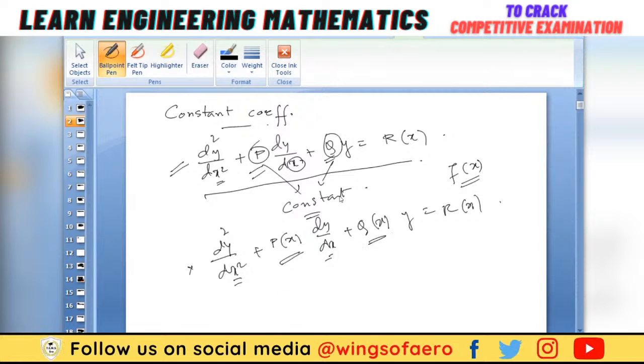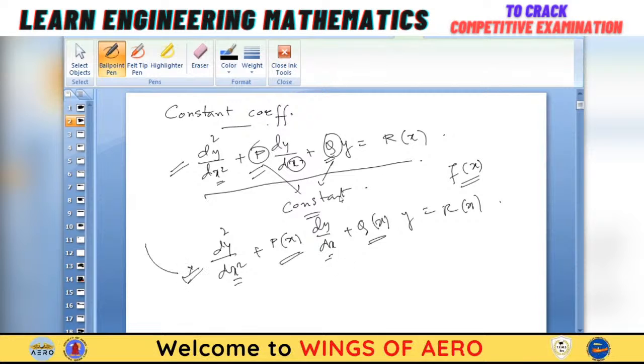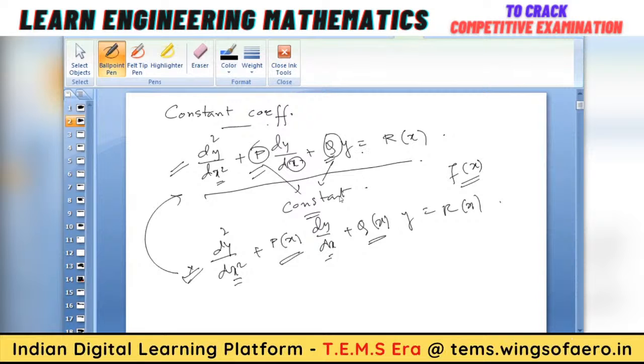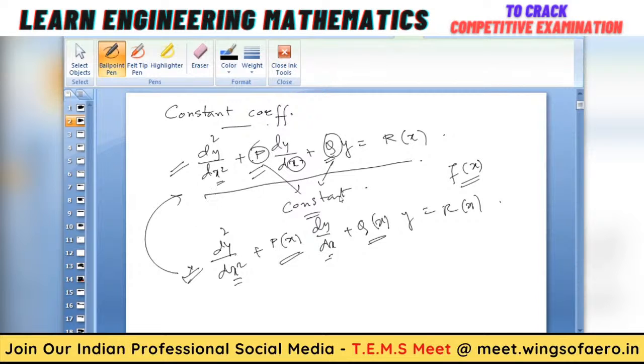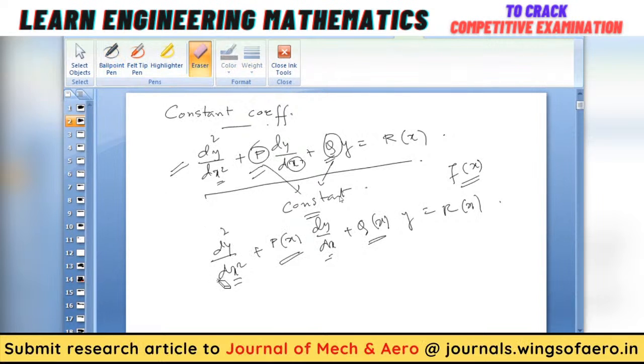There are particular rules for variable coefficients: we have to convert these variable coefficient equations to constant coefficient ones, and then we can apply the rules. Before converting, we can't apply any rules. I will discuss these things today also.